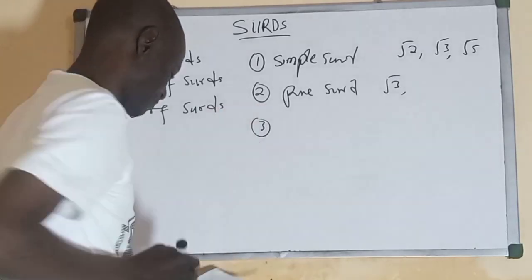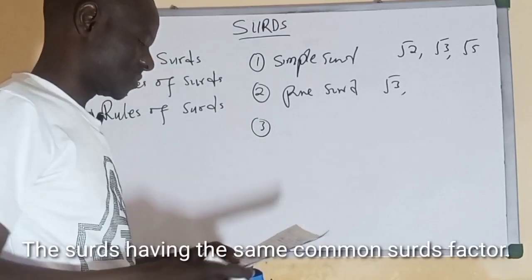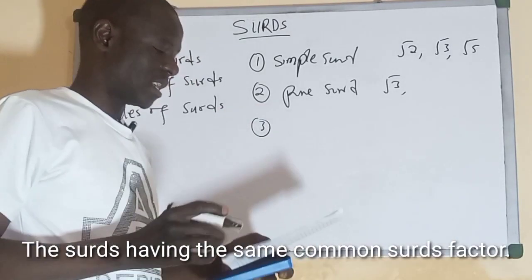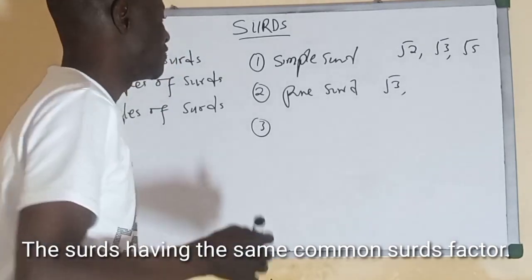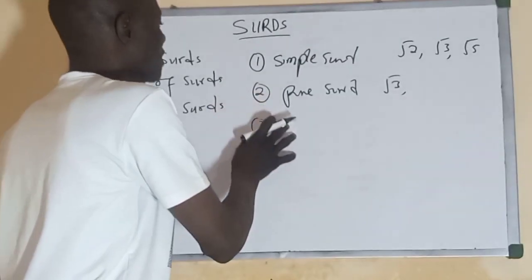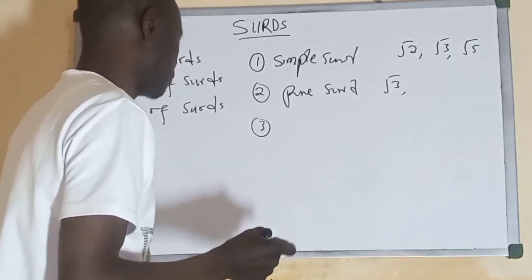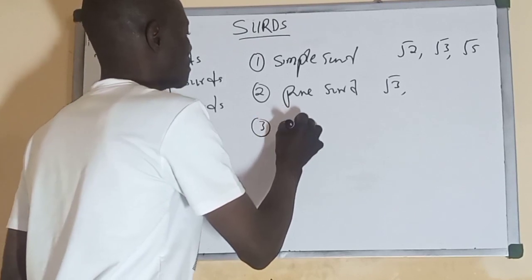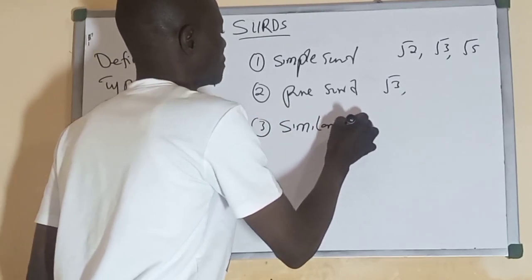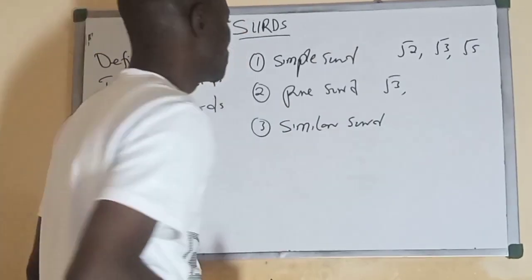We have number 3, similar surds. Surds that have the same common surd factor are considered to be similar surds.